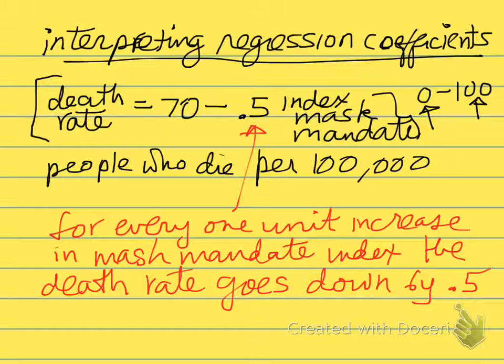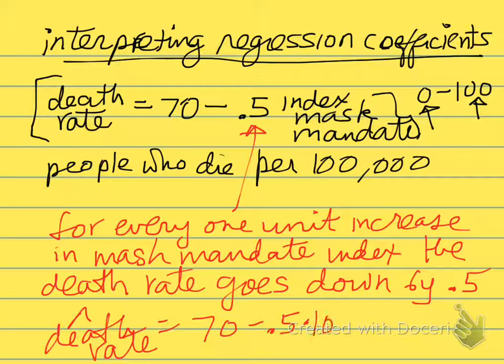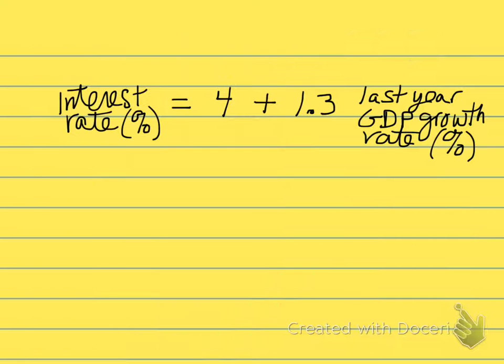So if the mask mandate is 100, the predicted death rate would be equal to 70 minus 0.5 times 100, which is 70 minus 50, which is 20. But for every unit increase in our mask mandate, the death rate goes down by 0.5. So that's that coefficient. Let's look at another coefficient.